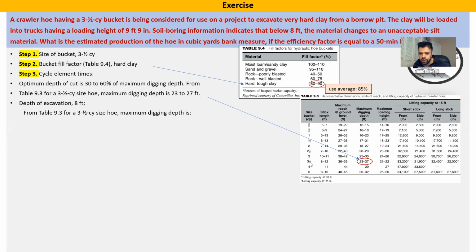So for 3.5, the maximum digging depth will be 23 to 27. What we need to do is check if the depth we are digging falls into the range of between 30 to 60% of the maximum digging depth. So the range is between 23 to 27.